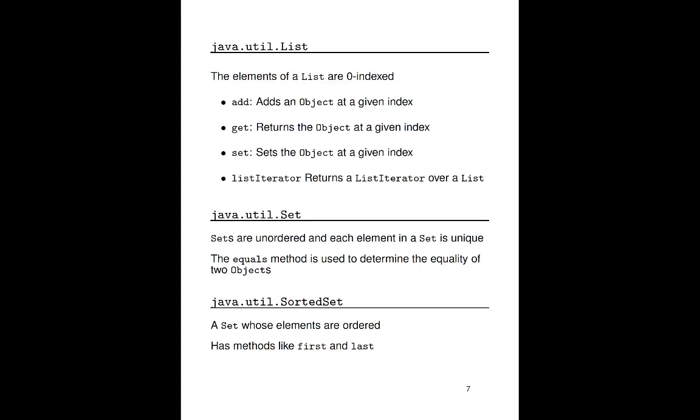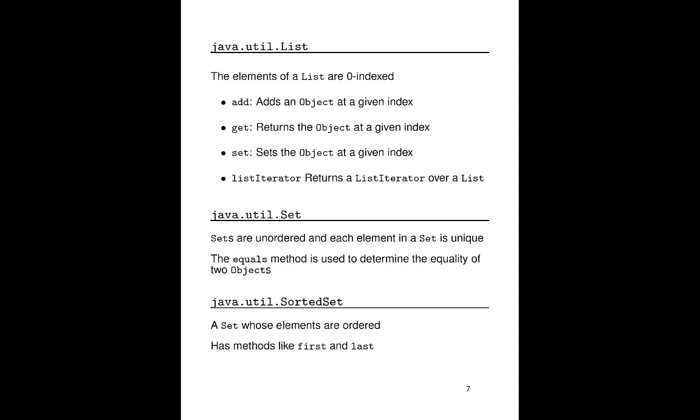If you want more specific and refined behavior out of your collection, you can use one of the sub-interfaces of Collection, like List. A list is a collection that is indexed. Every element in that collection has an index, a number associated with it, starting with 0. The List interface will overload the add method to add an object at a given index.